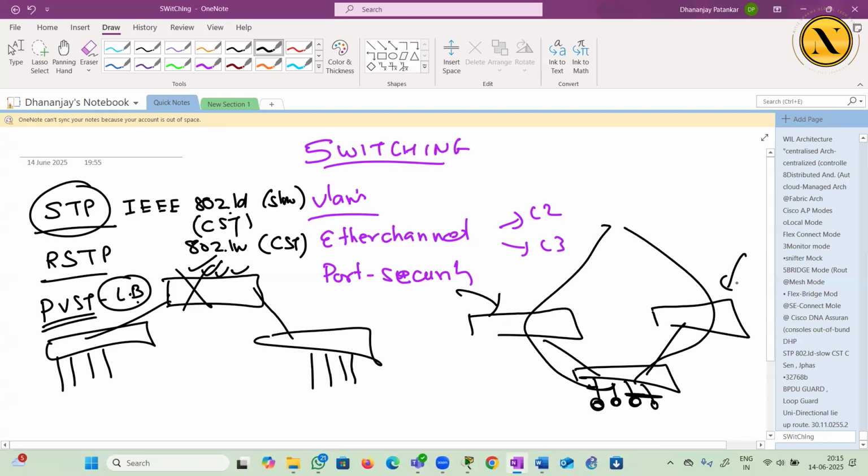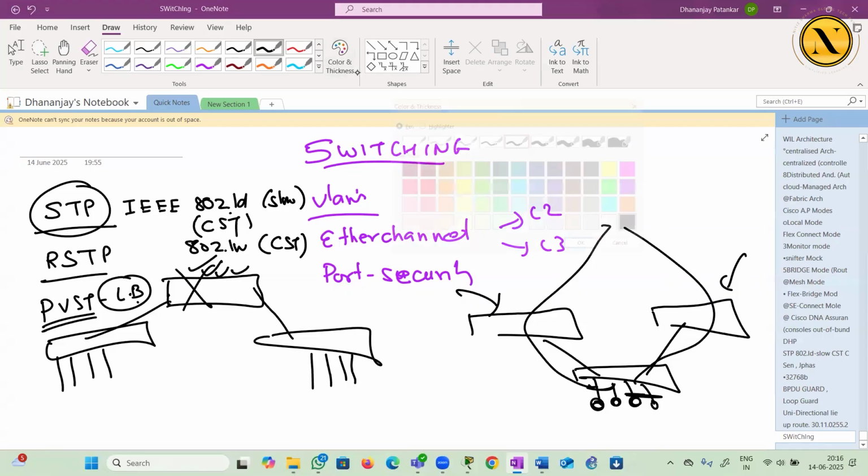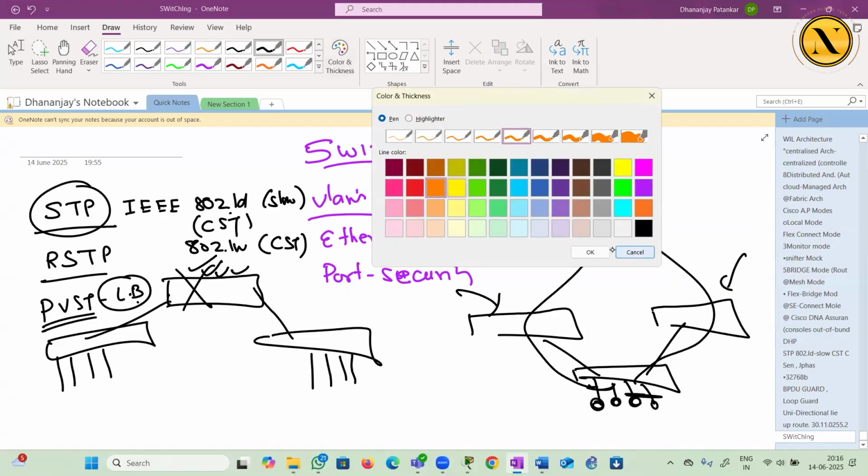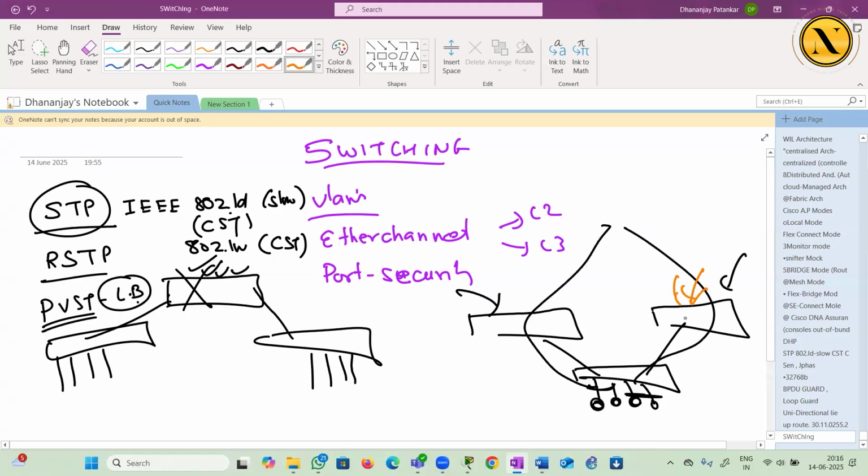And here spanning tree VLAN 1, VLAN 2, root secondary, right? Like that. But spanning tree VLAN 10, VLAN 20, root primary. And spanning tree VLAN 10, VLAN 20, root secondary, right? That we have done. So PVST means load balancing. Not by default, but when you configure it, right?